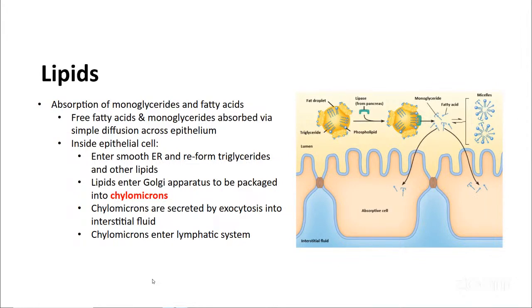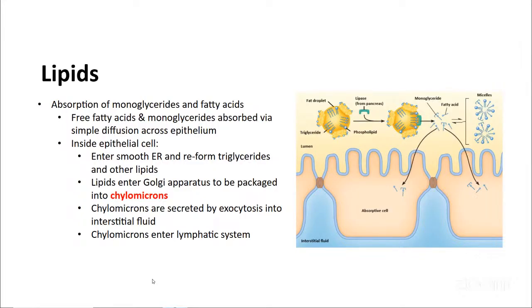From the smooth endoplasmic reticulum, they're going to get passed to another organelle, the Golgi apparatus, and they're going to get packaged into this form called a chylomicron. So we're going to have these chylomicrons as kind of our end result here in the absorptive cell.